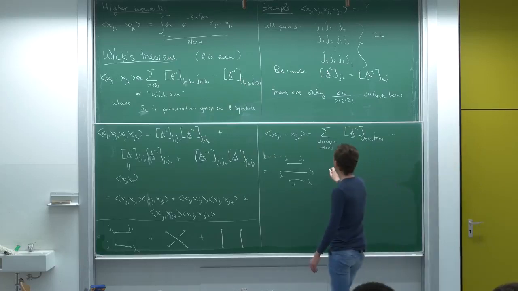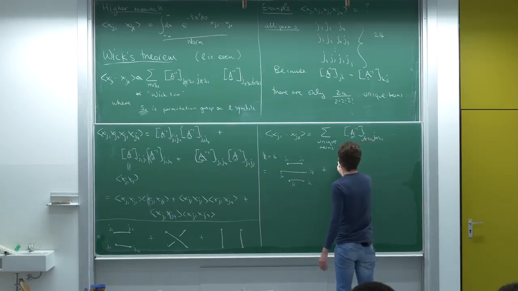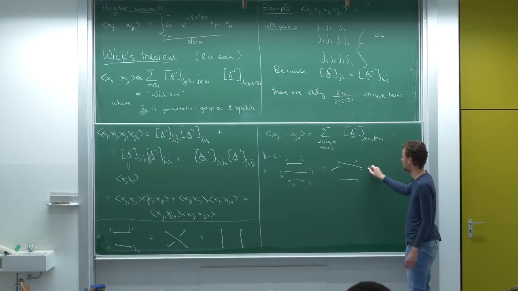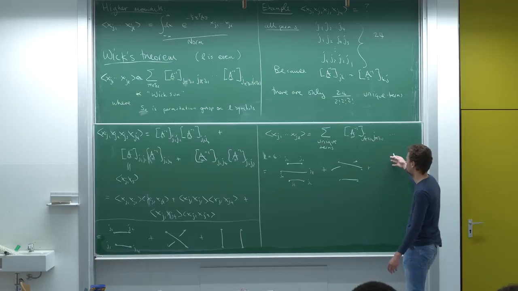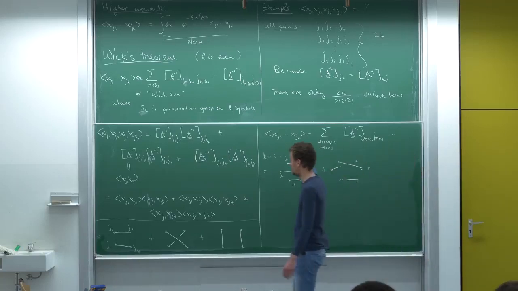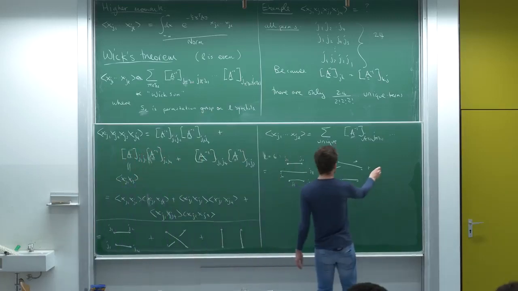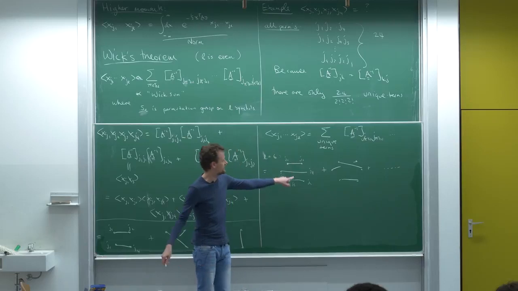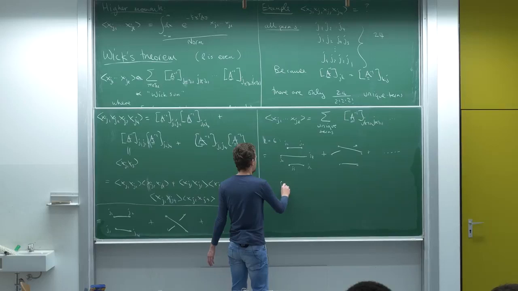So the number of terms you have to worry about is just the number of ways of pairing up 2n points, or an even number of points. I'll just draw a couple more terms. There's another one. You can see where this is going. It's a bit tedious, just like Feynman diagrams, but there is a straightforward recursive algorithm for writing out all the possible terms. Plus dot, dot, dot. I'm not going to go through this. And the value we associate with that diagram, of course, is A inverse for each pair.